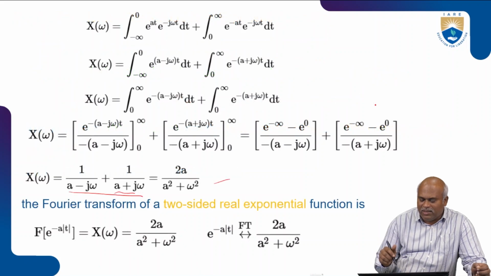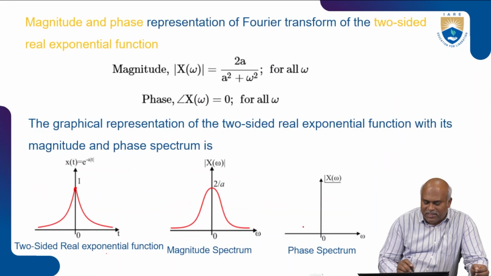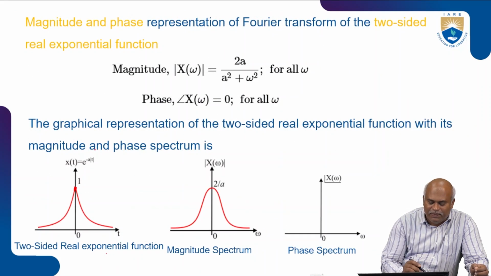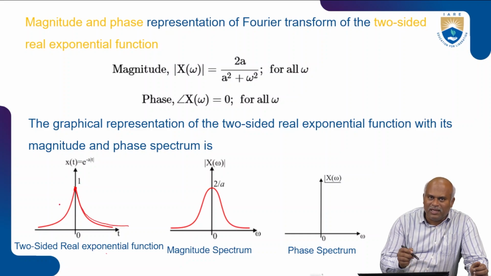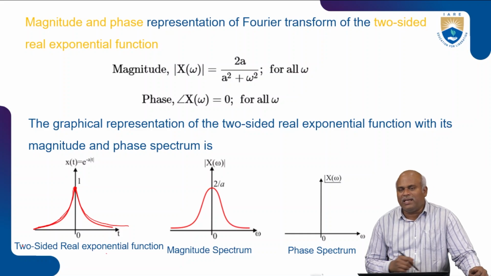So the magnitude is maximum at t equal to 0. When t is increased, the amplitude automatically decreases in an exponentially decreasing order, and likewise on the negative side.